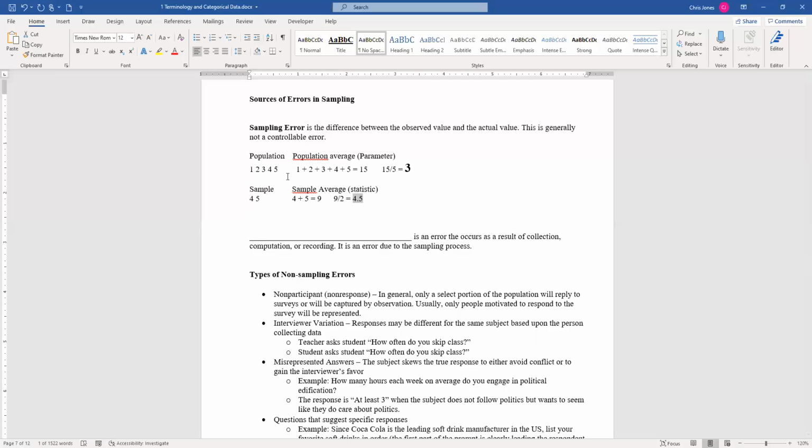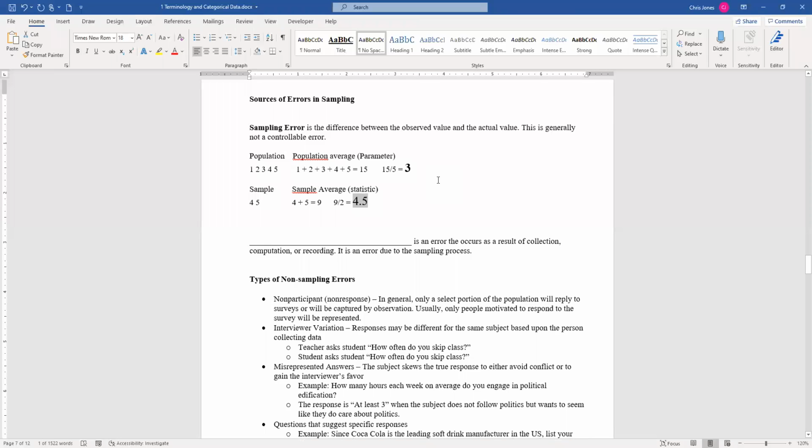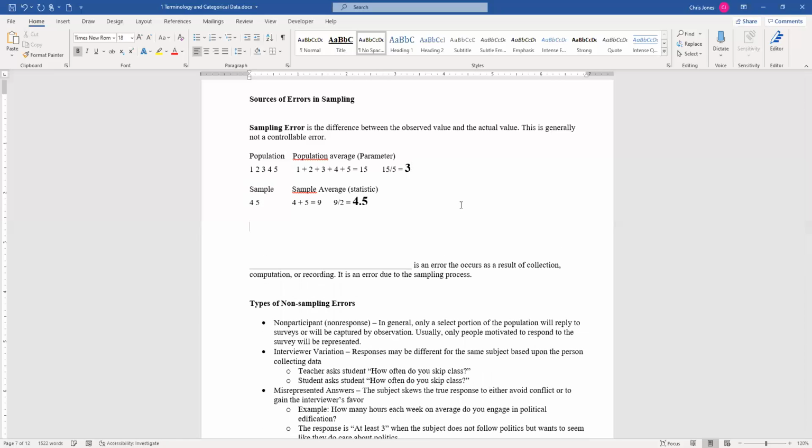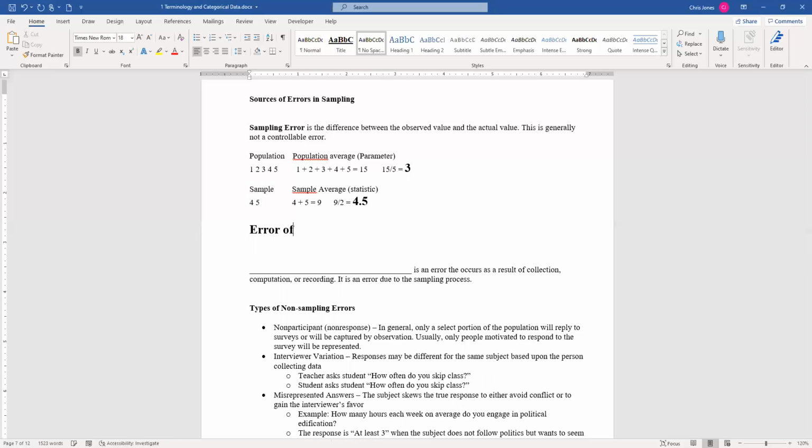Now, we did all the computations correctly. Unfortunately, the sample does not reflect the population exactly. So there's a difference, an error of 1.5, and to get that, that would be 4.5 minus 3.